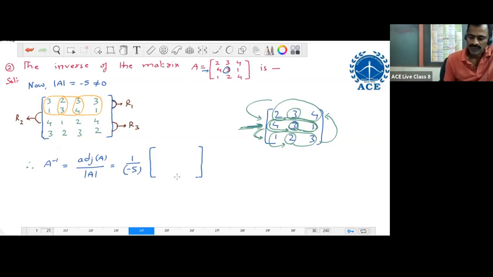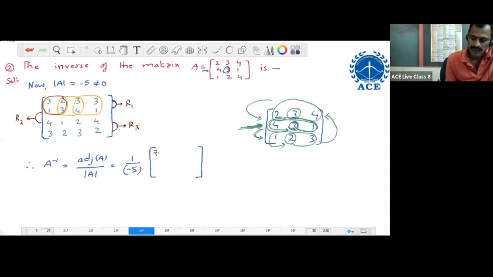In this adjoint matrix, we require 3 rows. The first row is given by first 2 rows in this matrix only. From the first 2 rows, we consider 3 second order determinants only. The first possibility of second order determinant is like this. Now determinant of this 2 by 2 matrix is 9 minus 2, 7.